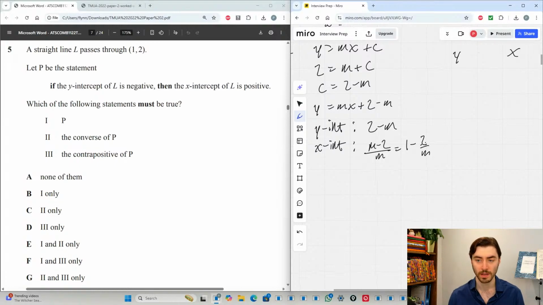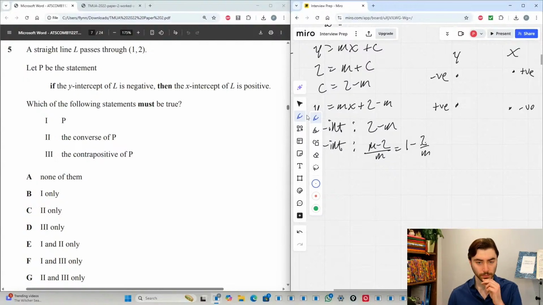So for the x-intercept, if it is positive or negative, let's consider the mapping onto the x being positive and negative. So if the y-intercept is positive, no, negative. So that's exactly how they wanted it. So what is true here?